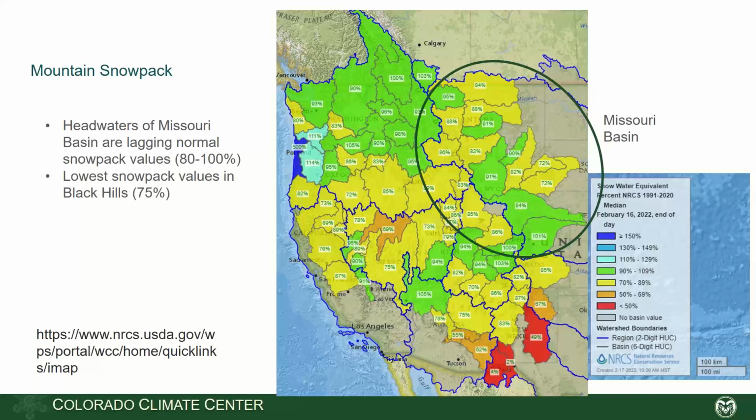You see a mix of snowpack conditions across the upper Missouri River Basin, anywhere from 72% of normal to just over 100% of normal in the South Platte Basin. So we are definitely a little bit on the low side, and in some areas like the Black Hills, as well as parts of eastern Montana, that's definitely a concern, especially as we look forward to the runoff season in other areas closer to normal.